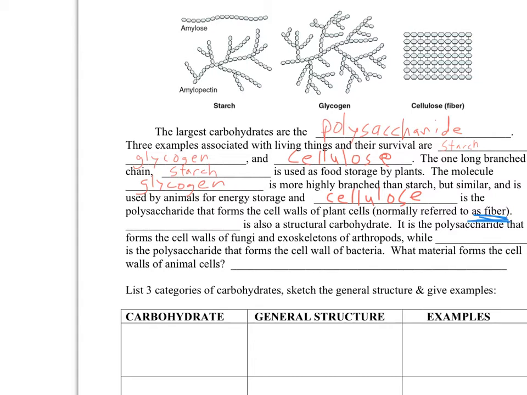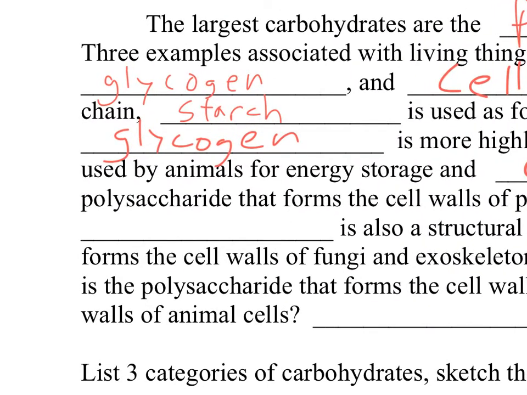All right, so it says blank is also a structural carbohydrate. It's the polysaccharide that forms the cell wall of fungi and the exoskeleton of arthropods, and that was called chitin. Chitin. C-H-I is pronounced chi. Chitin.